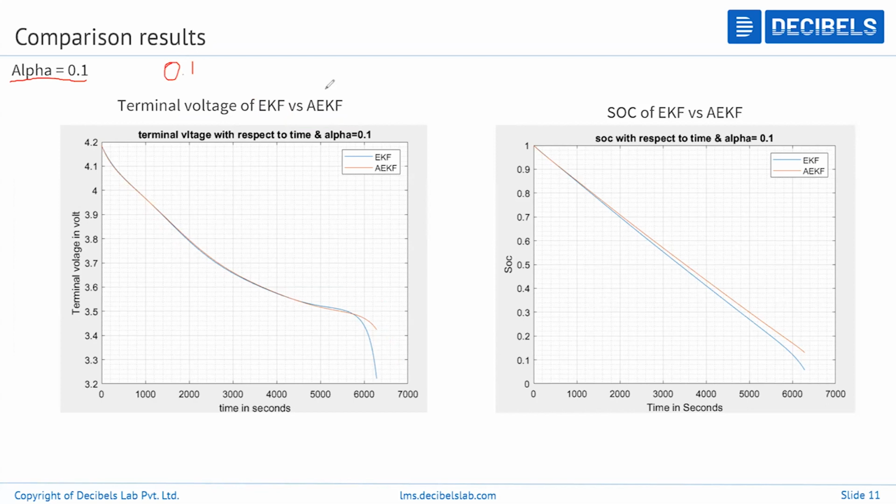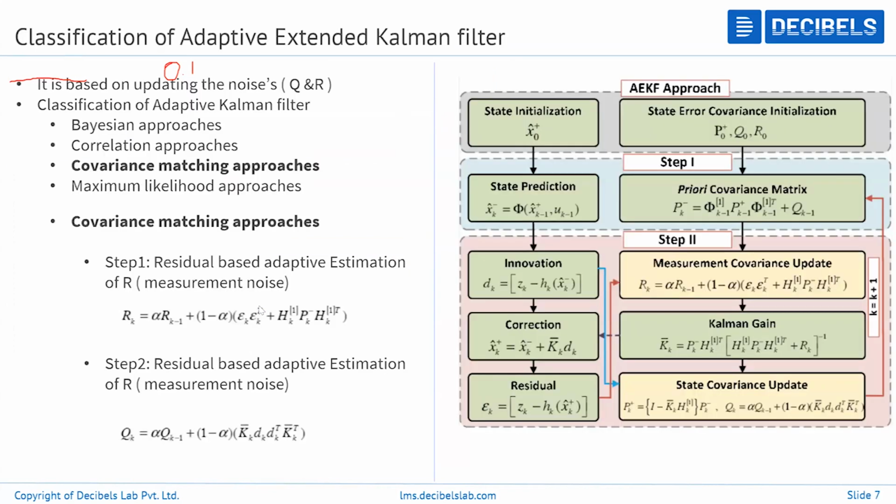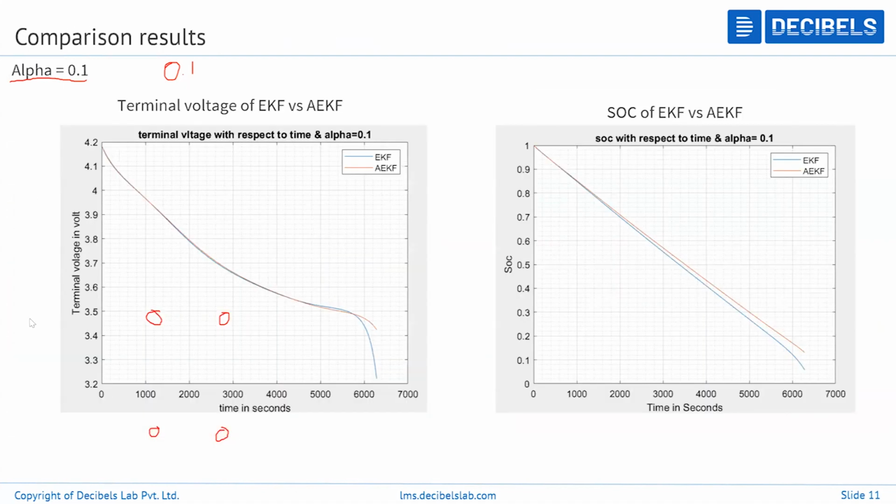So what is the alpha? If I go a little back over here, this is the alpha. So this value is 0.1, and this is the response of my model. And on the other hand, you can see from the same model, I have plotted the SOC of EKF versus the SOC of AEKF.